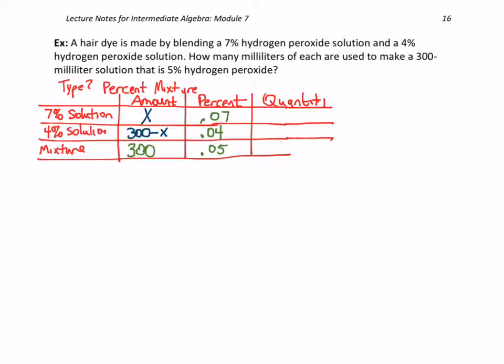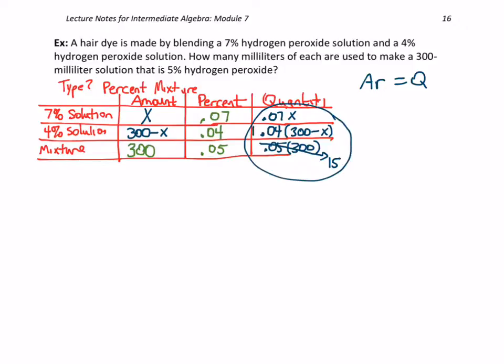Then, as a result of multiplying A times R to get the quantity, I end up with 0.07x, 0.04 times 300 minus x, and 0.05 times 300. And by the way, when I plug that into my calculator, that gives me 15.